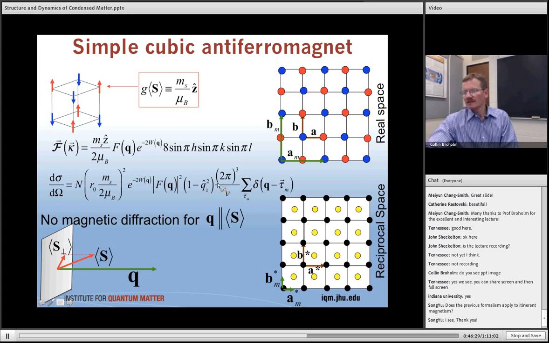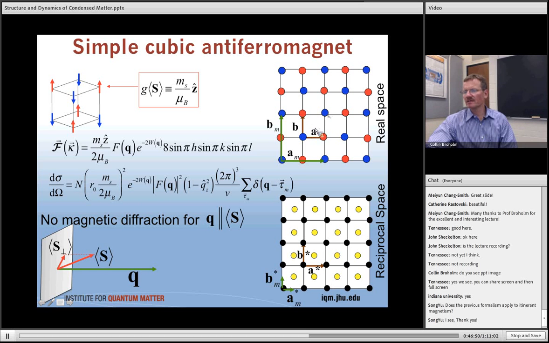Then I have the sum over the magnetic reciprocal lattice vectors. And here's an important point, which is that the unit cell has actually doubled in all three directions. It's doubled along the x, y, and z direction. And this is indicated over here: the chemical unit cell, if you will, is this.